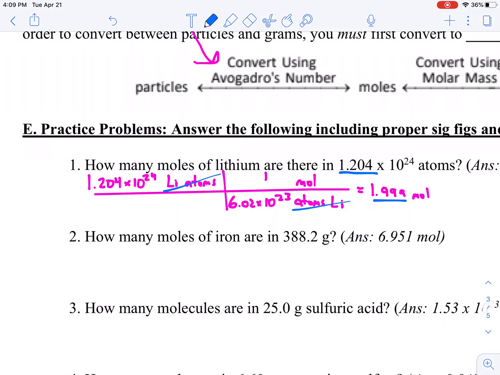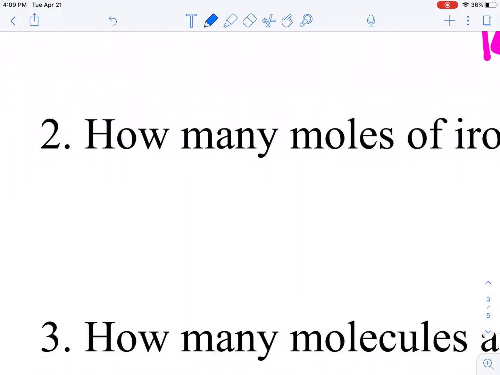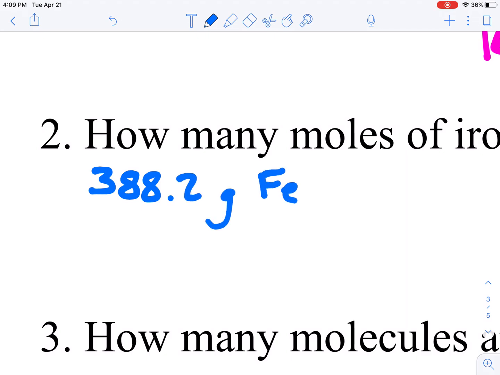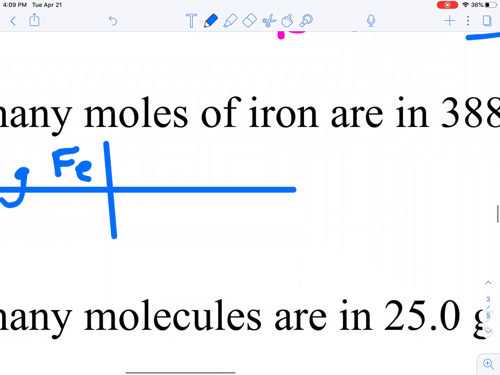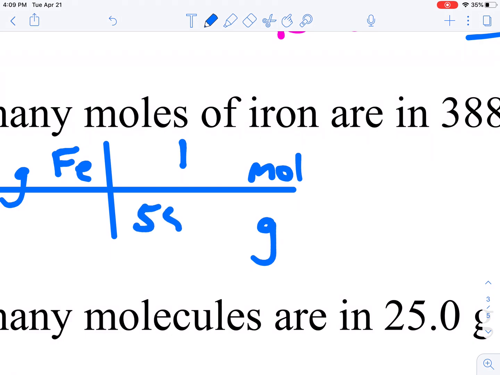Looking at number 2, we know we're starting with 388.2 grams of iron, which is Fe. We want to know how many moles that is. If you look to the periodic table, do you have a way of getting between grams and moles? You do. It's the molar mass. So you know in 1 mole of iron, it has a mass of 55.85 grams.